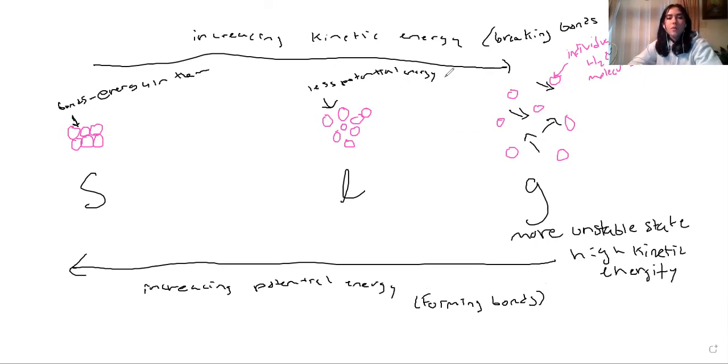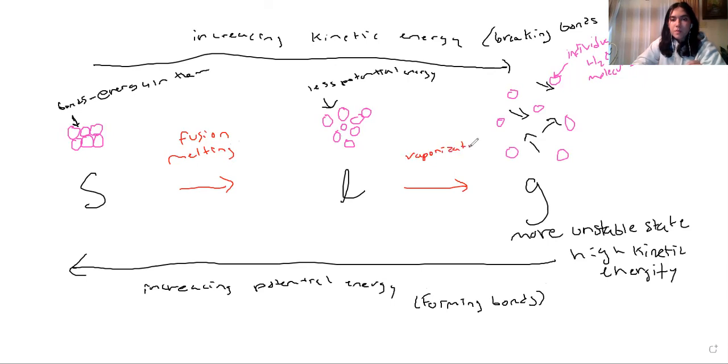There are some words you have to know: when a solid goes to a liquid, it's melting or fusion. When a liquid goes to a gas, it's vaporization and so on. But I will let you look at that on your own because it's just memorizing words.